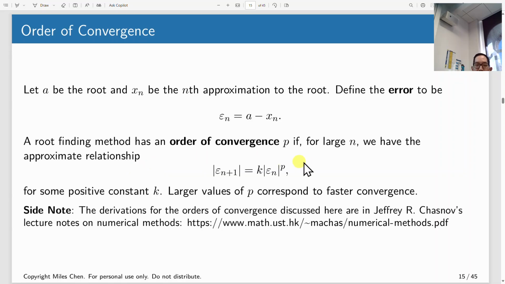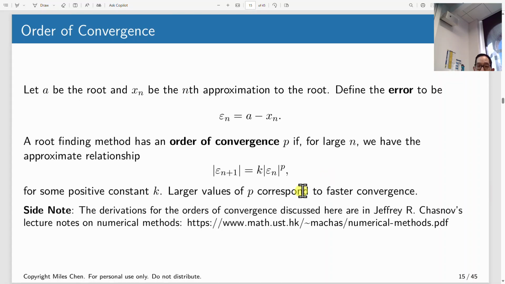Okay, and basically you're looking at how much the approximate error between your root and the actual root shrinks with every additional iteration.